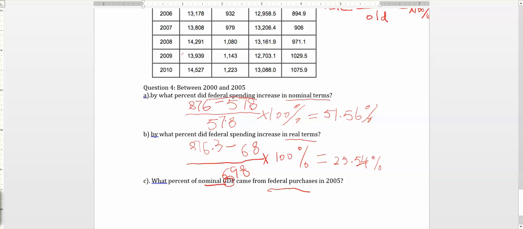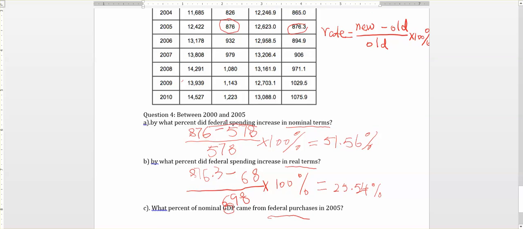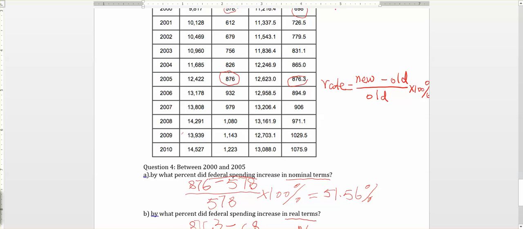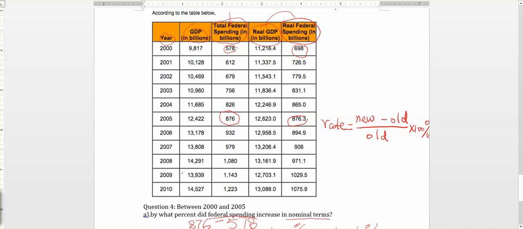What you need to do is find the nominal federal spending divided by the nominal GDP in 2005. Going back to the table, the nominal GDP in 2005 is 12,422, and the nominal federal spending is 876.